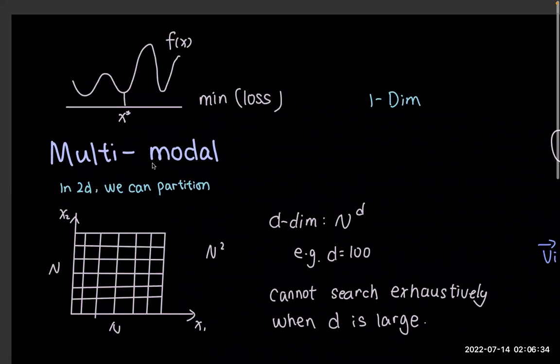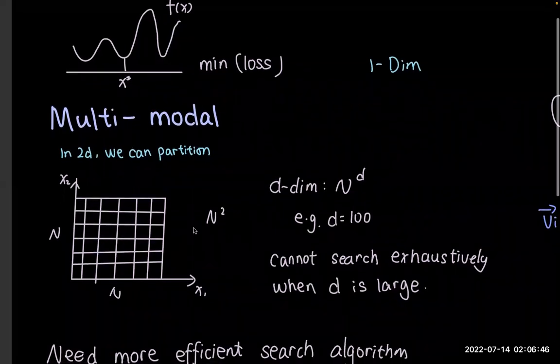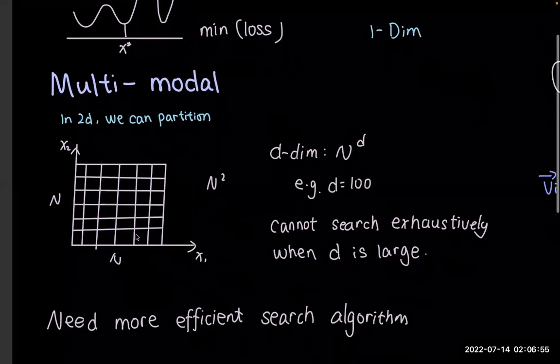So you may wonder why this is a difficult problem. In one dimension, we just find a grid of points, and then we go through all the points on this grid, and we find the minimum, right? And in 2D, we can also divide the domain into a 2D grid, and we go through all the points on this grid. We find the minimum or the maximum.